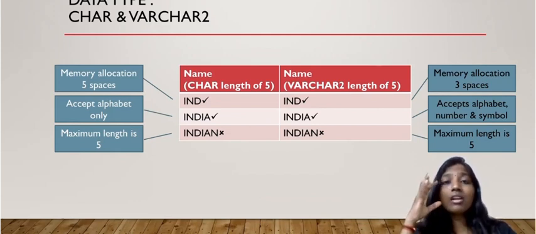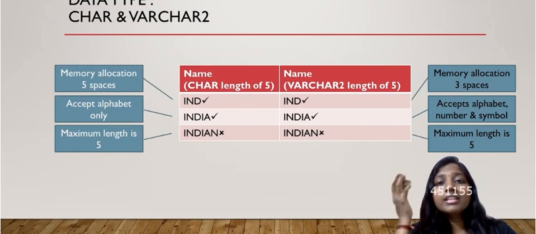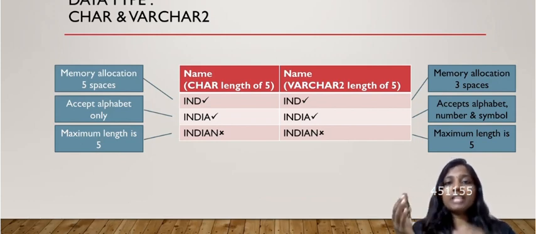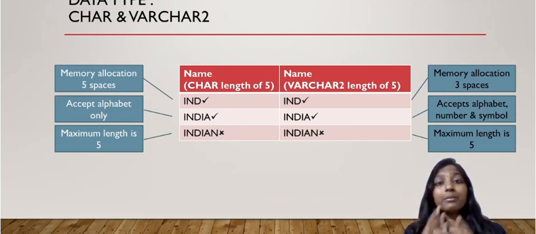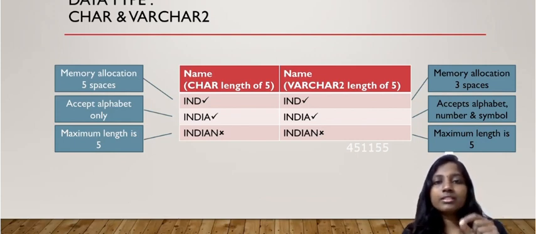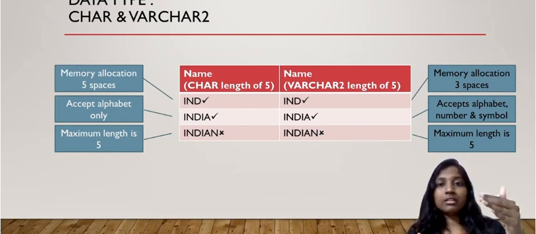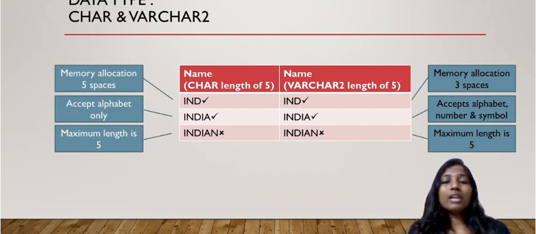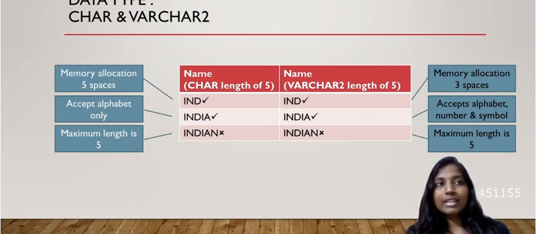If you have no idea about the data, whether it can be short or big, like names, or we don't have an idea about how big the address would be. Few houses will have only 2 lines of address and few will be too big, right? So let's put up whether it is mixed up with numbers, alphabets, and symbols.